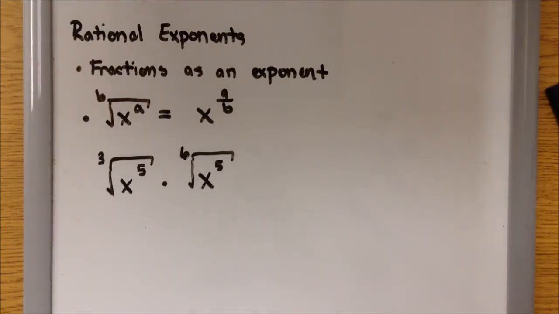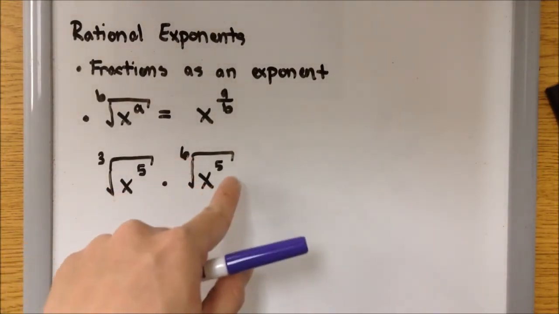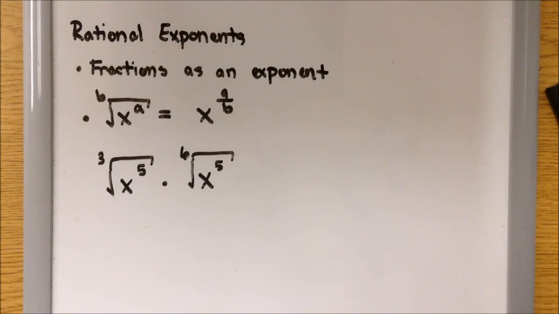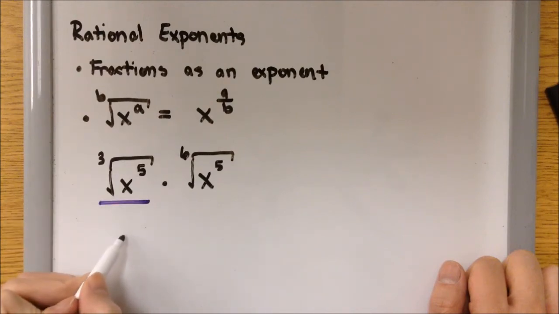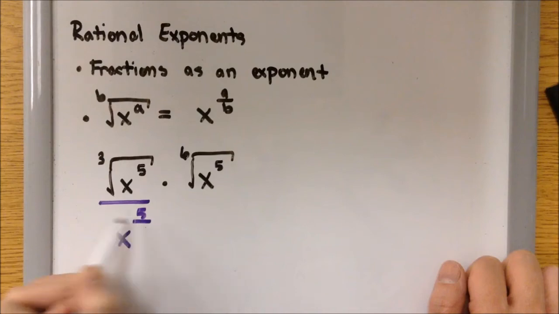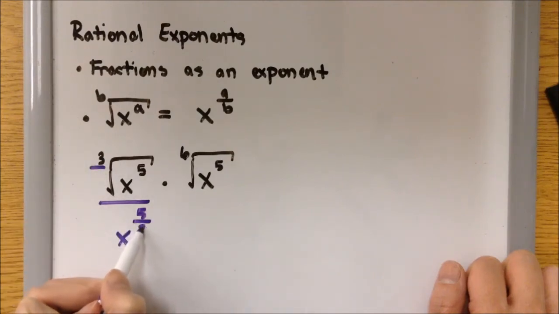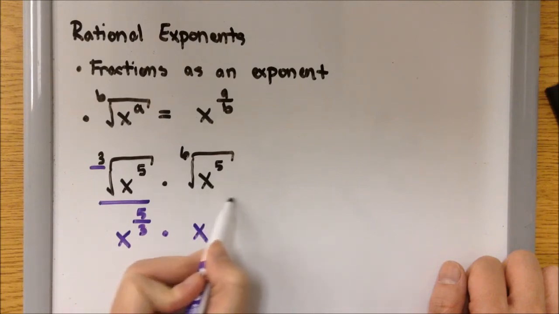In this example, we have the cube root of x to the 5th times the 6th root of x to the 5th. So let's convert that into rational exponent. So on our first one, it's going to be x. What's inside will be your numerator. What's outside will be your denominator times x again.